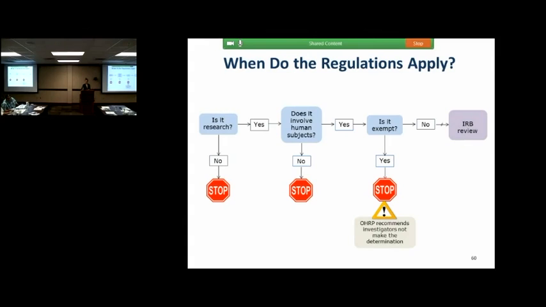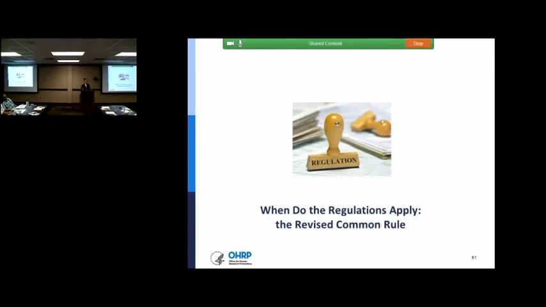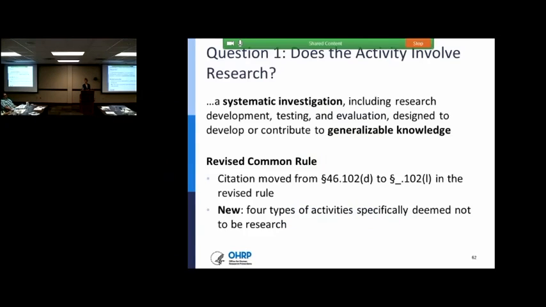Now we're going to dive in and go through the same steps, looking at when the regulations apply under the revised common rule. Fortunately, the first two questions haven't changed a whole lot. The first question, does the activity involve research, which is systematic investigation to contribute to generalizable knowledge?